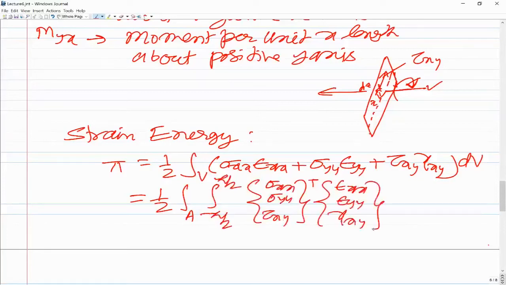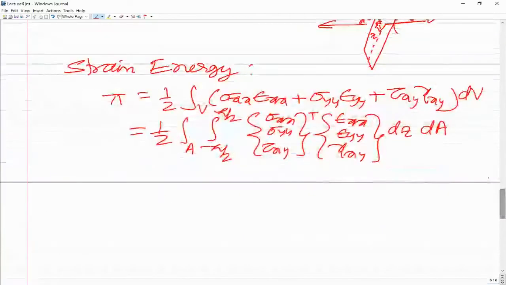Now you can write the stress in terms of the constitutive matrix into strain, and the strain we have already expressed in terms of the second derivatives of w.